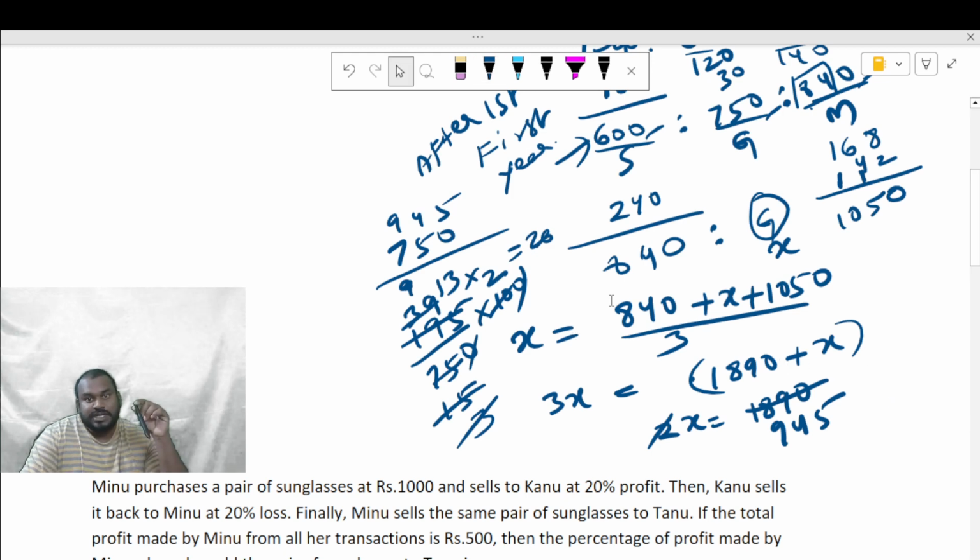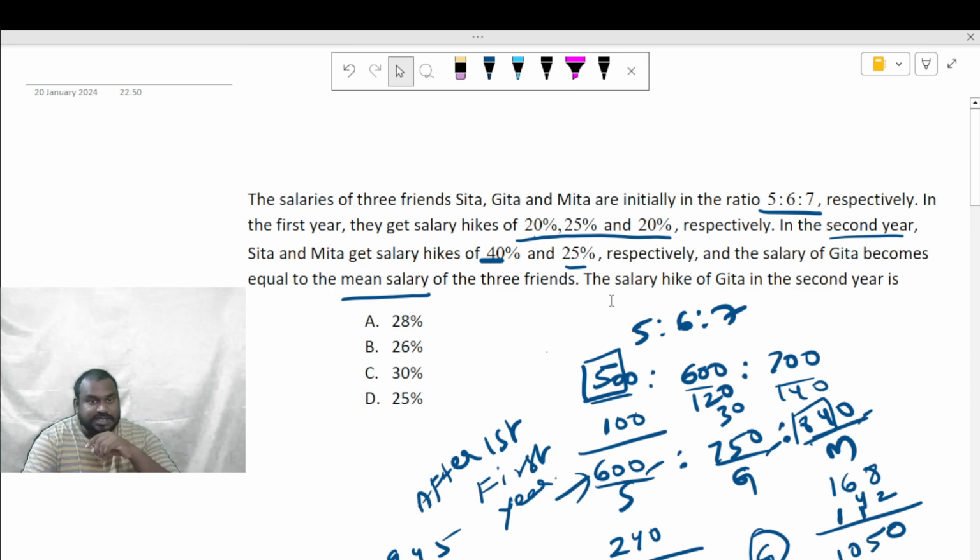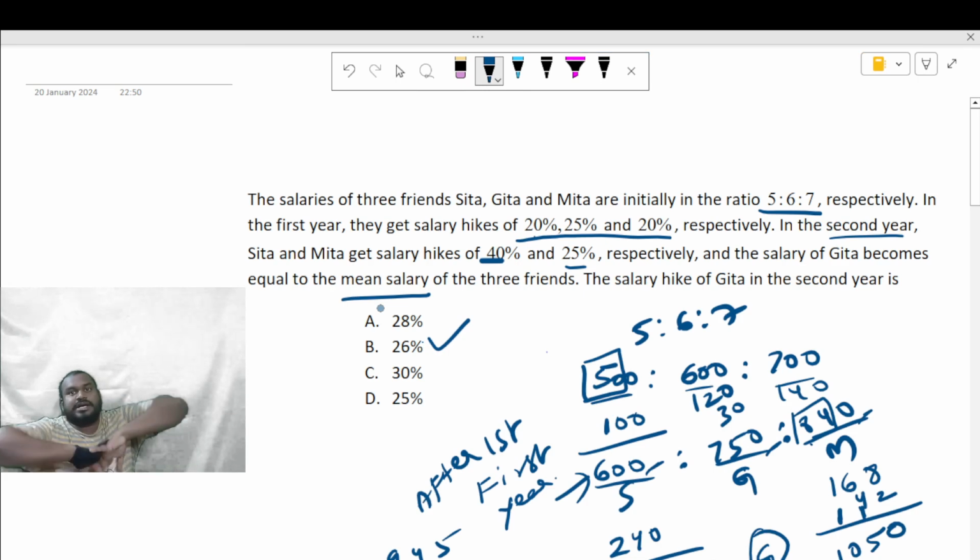See, it is easy only, but it's taking time. In the CAT exam, you will be given 26 to 29, less than 30 questions in quantitative aptitude, and you will be given sufficient time also. That's why these questions are lengthy.